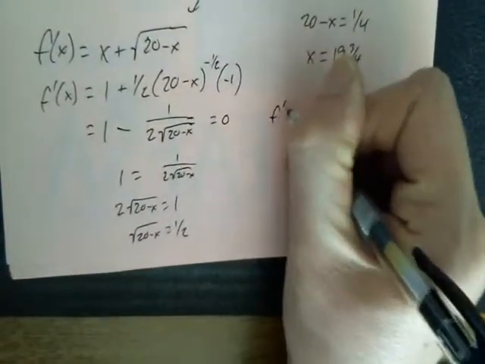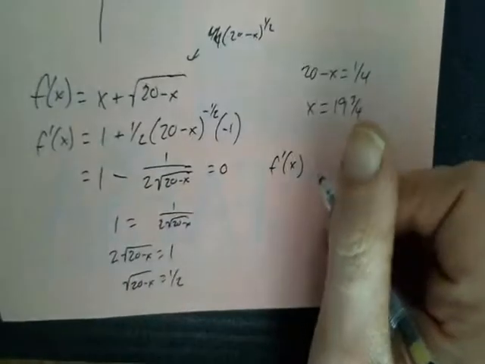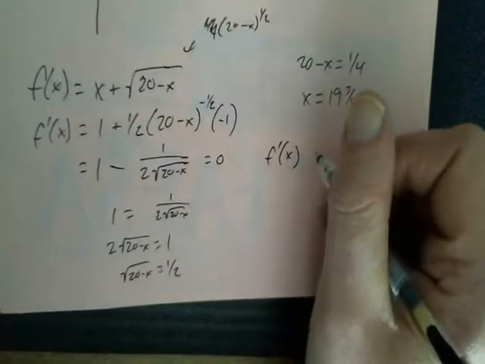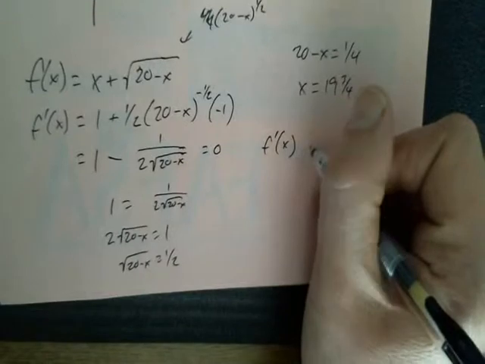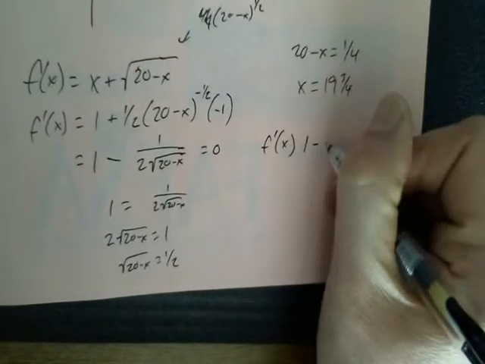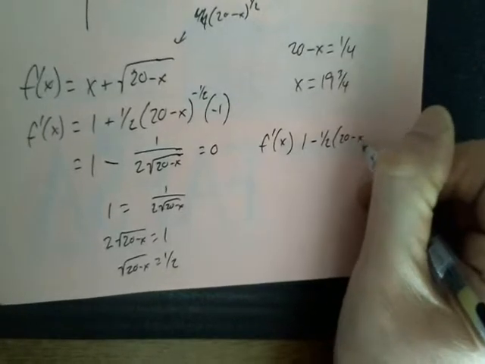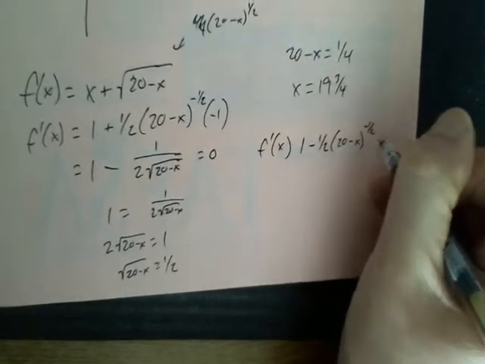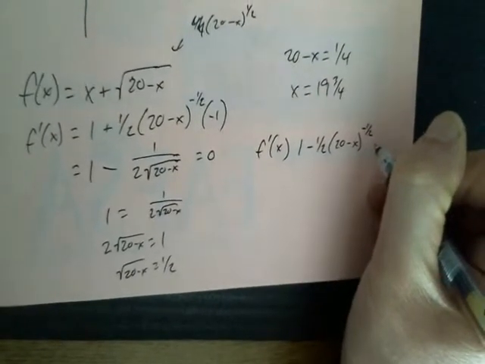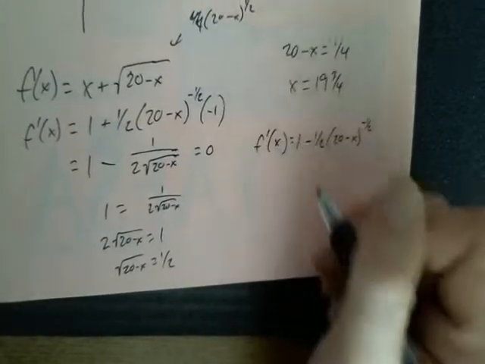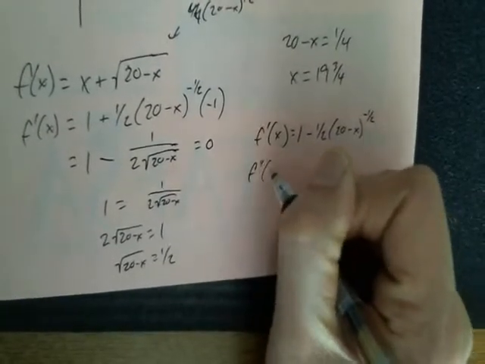So our first derivative, when we had it, was sitting right here. That's 1 minus 1/2 (20 minus x) to the negative 1/2. And there's our second derivative.